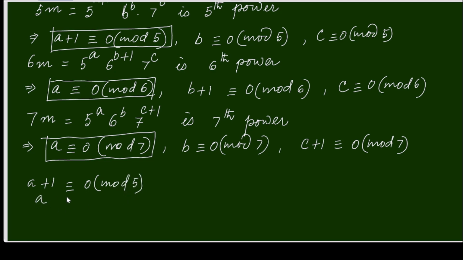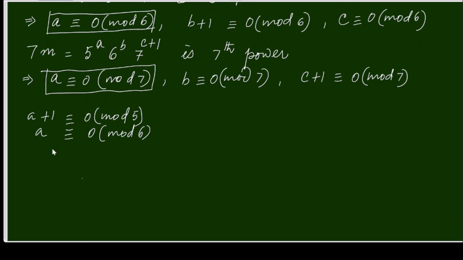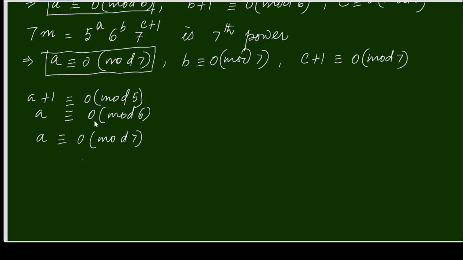Again a is congruent to 0 modulo 6, and again a is congruent to 0 modulo 7. So how to solve for a?